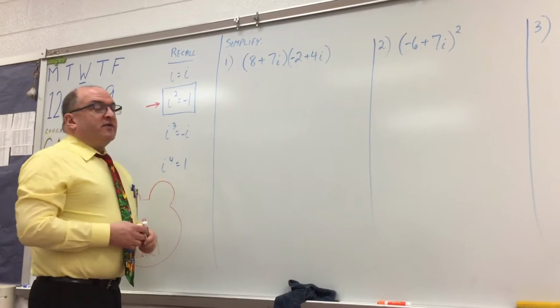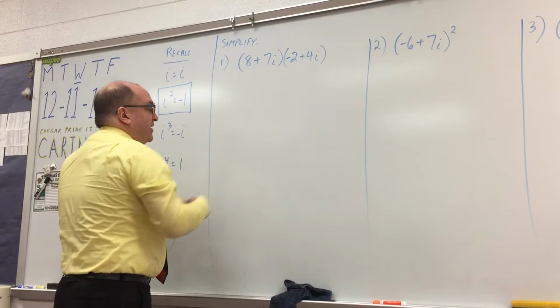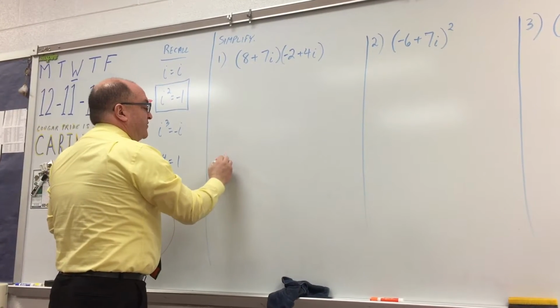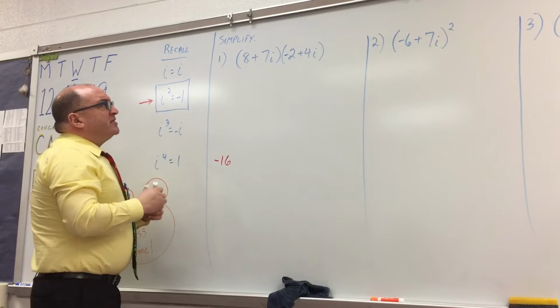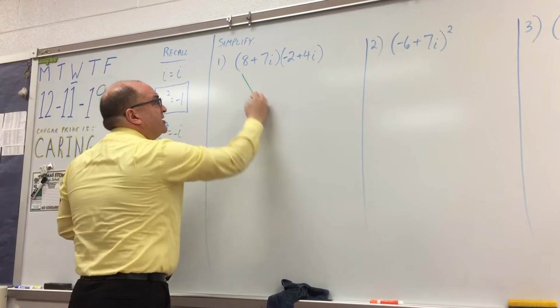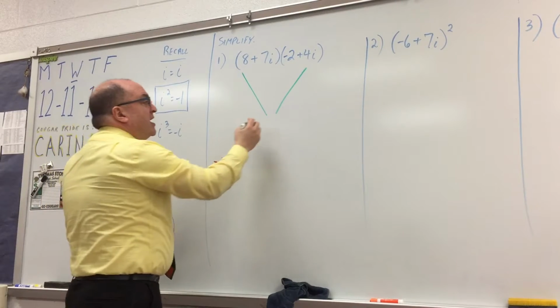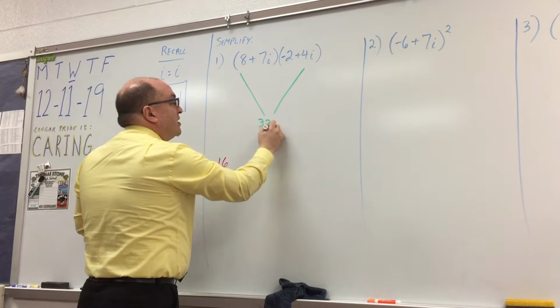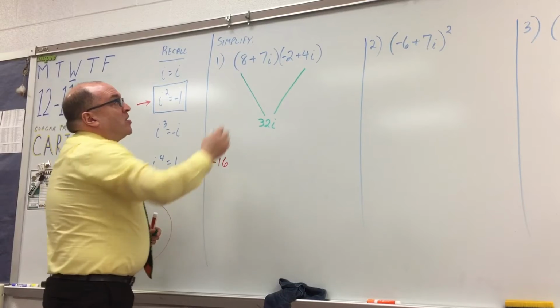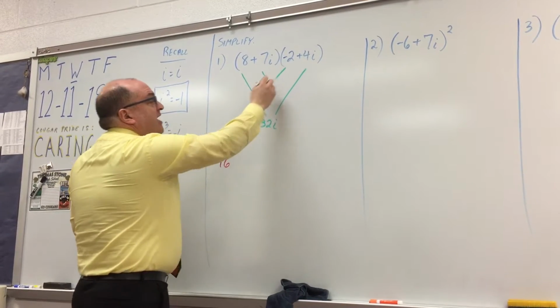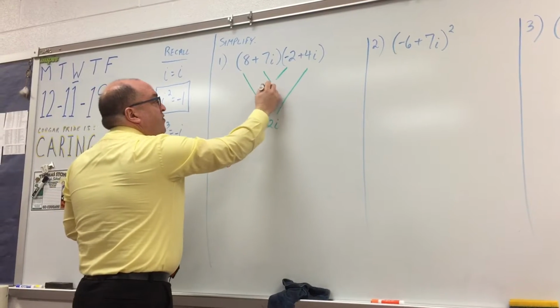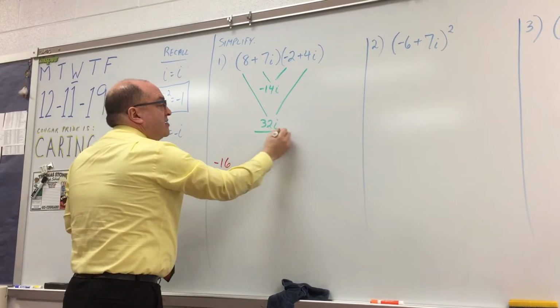All right, what's first? 8 times -2 is -16. What's outer? The outer is 8 times 4i. 8 times 4i is 32i, right? What's 7i times -2? That is -14i.